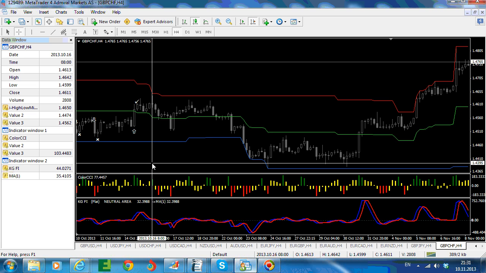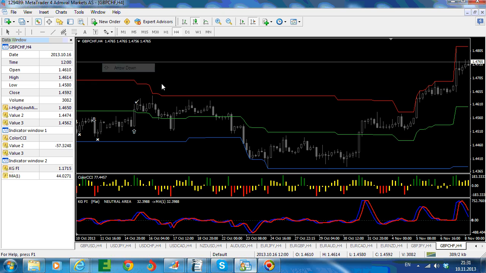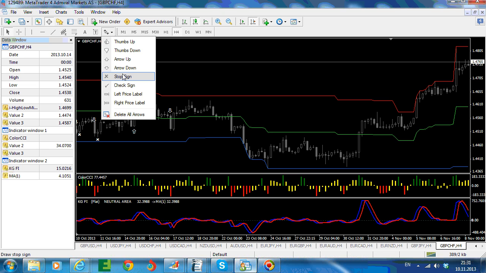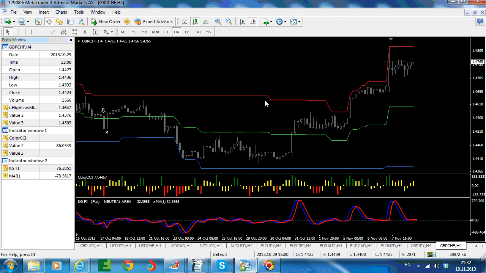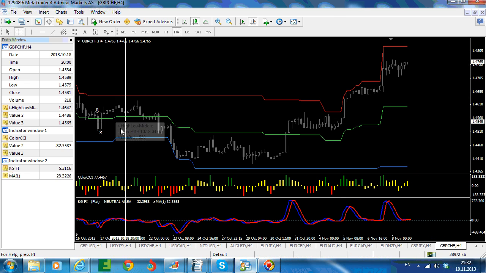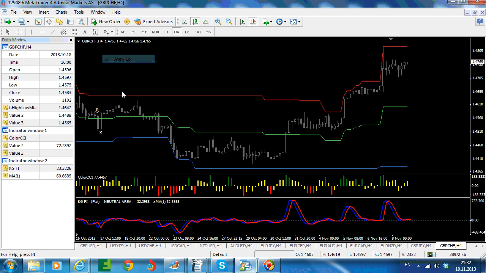Not on this one, because the MA doesn't allow. This one here is a valid signal, but turns out to be a loser. So basically buying puts on this one with a negative outcome, and then price moves here. We need to buy calls on this one, but again with a negative outcome.